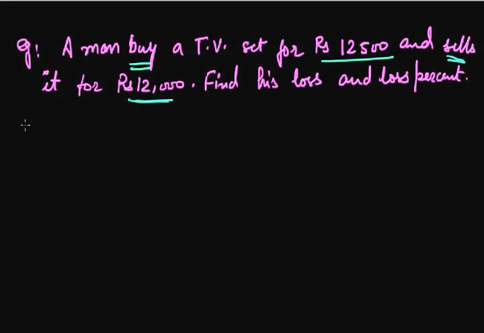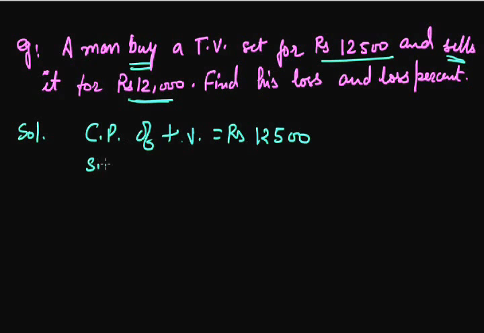So we can simply write that the cost price of the TV is rupees 12,500 and the selling price of the TV is rupees 12,000.